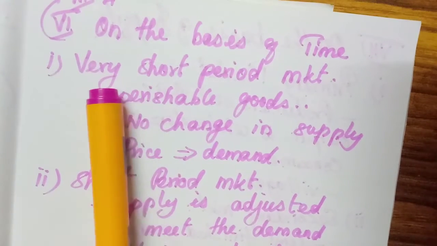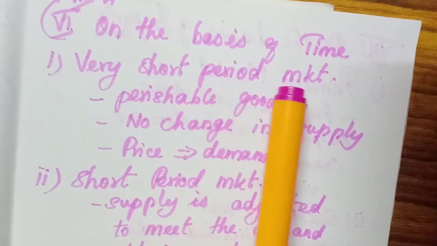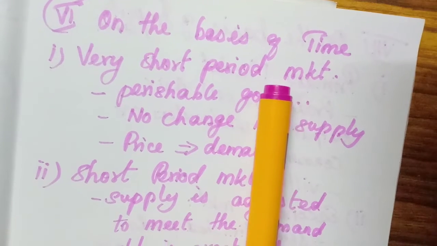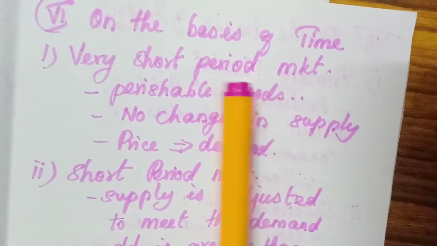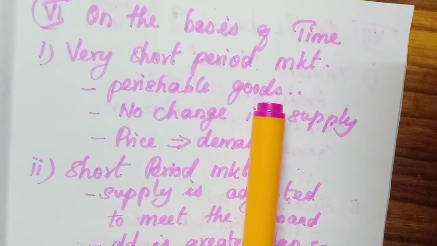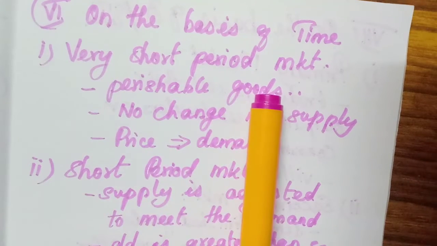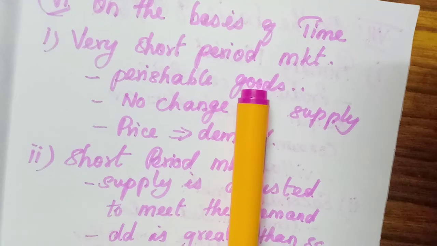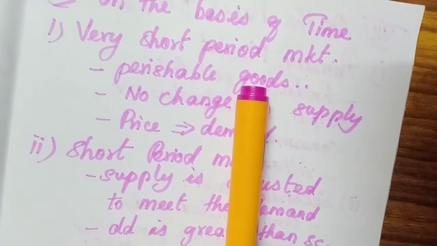Now we will learn what is a very short period market. We can say these markets deal with perishable goods. Perishable goods means goods which will be destroyed very soon. Maybe the flower market, fish market, vegetable market or fruits market.